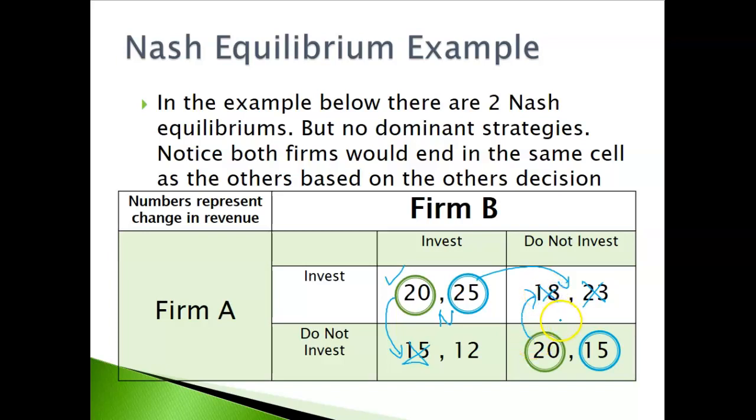That's not good for A. How about for B? If they choose to invest instead, then they're choosing 15 versus the 12. Well, that doesn't sound good. So again, down here in this quadrant is another Nash equilibrium. So in this case, there are actually 2 Nash equilibriums. And that's just how you go about doing it. Is there a reason for somebody to deviate? If the answer is no, then that cell is a Nash equilibrium.